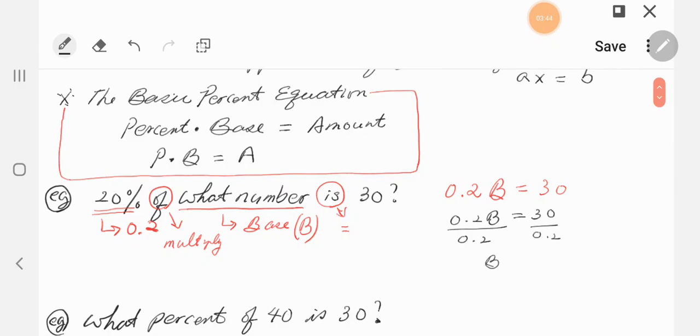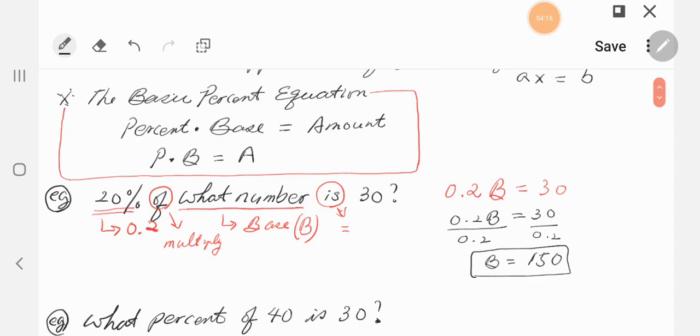So b is equal to 30 divided by 0.2, which is 150. So 20% of 150 is equal to 30. The base, in this case, is equal to 150.